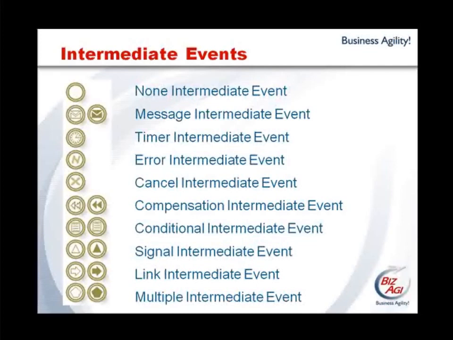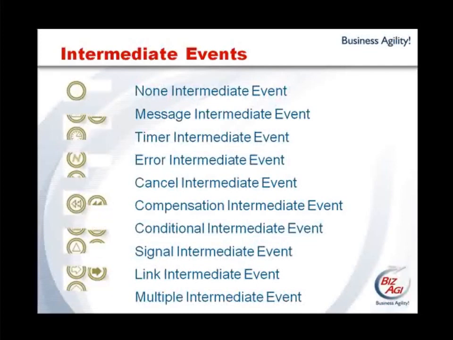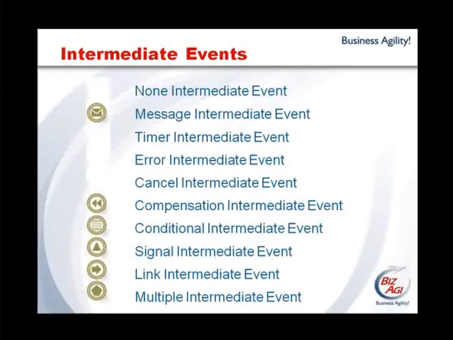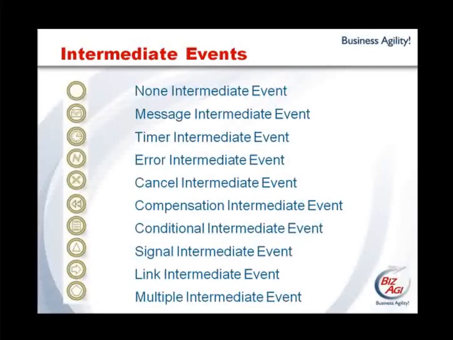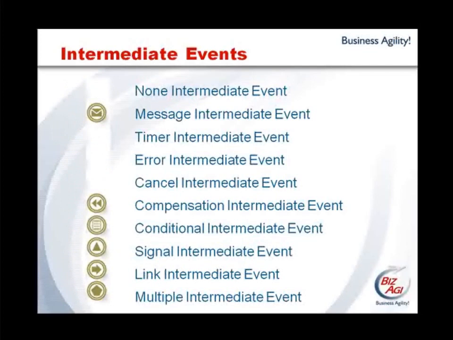Each type of intermediate event will have a different icon placed in the center of the intermediate event shape to distinguish one from another. The intermediate event can catch the event trigger, or it can be used to throw the event trigger. When the event is used to catch, the event marker will be unfilled, and when the event is used to throw, the event marker will be filled.